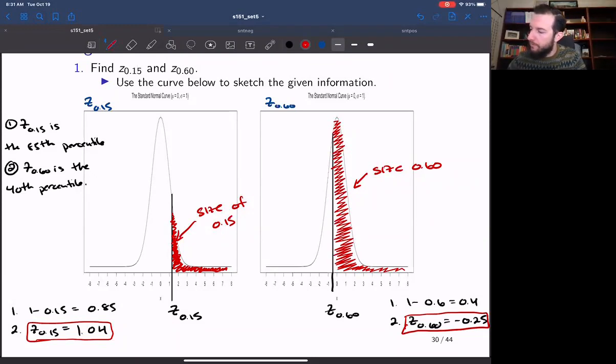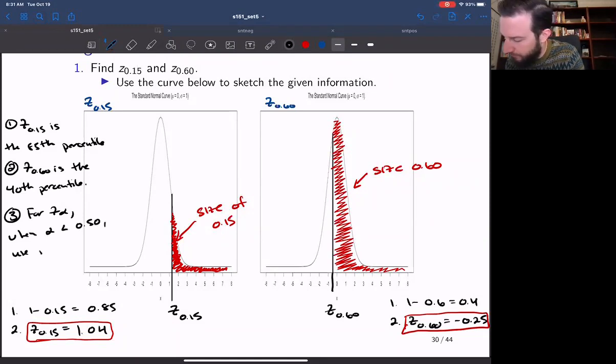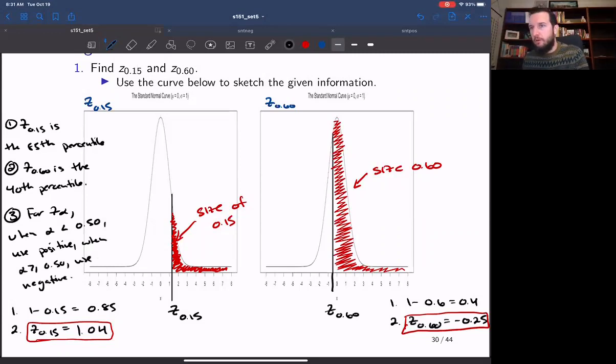All right, so for Z alpha, when alpha is less than 0.5, use positive. When alpha is greater than or equal to 0.5, use negative. That's basically how it works.